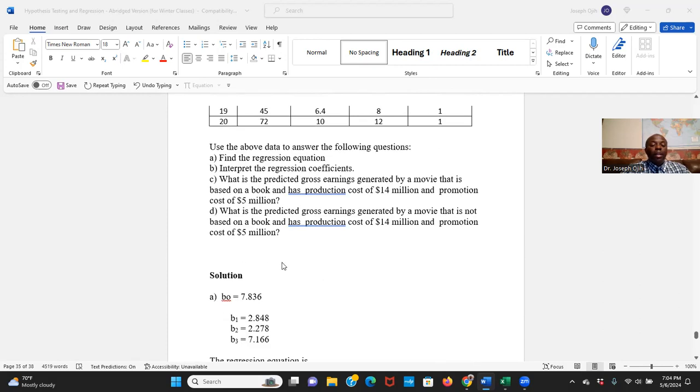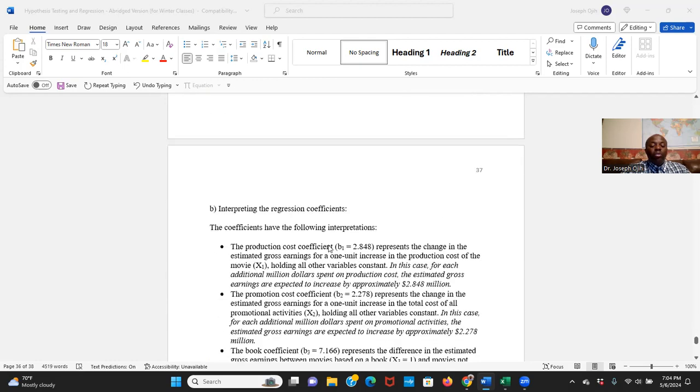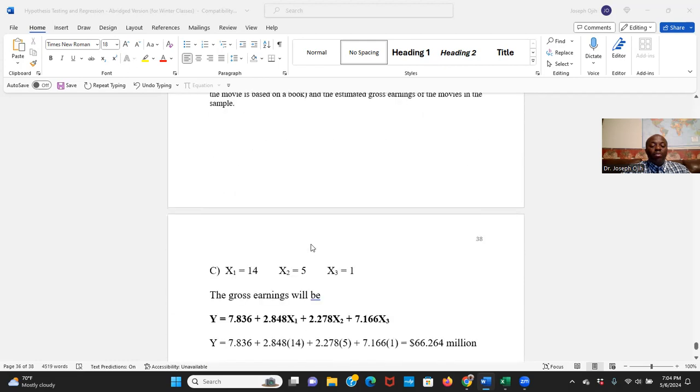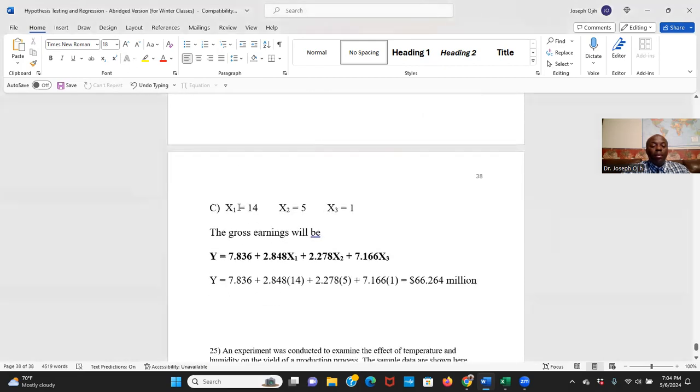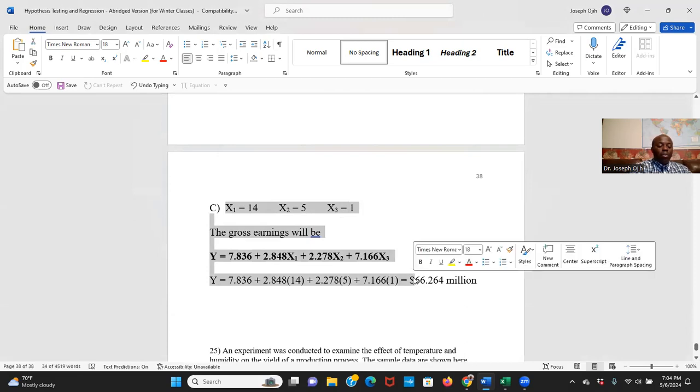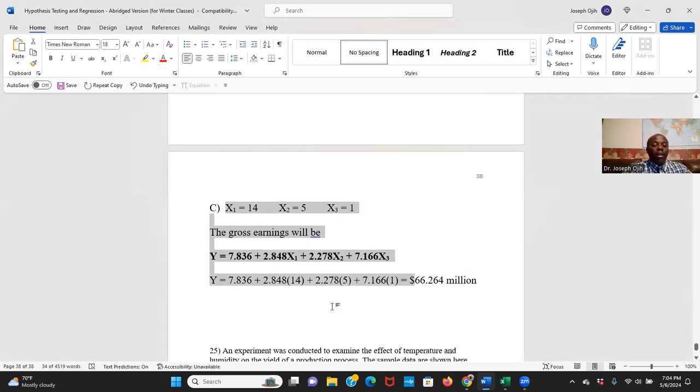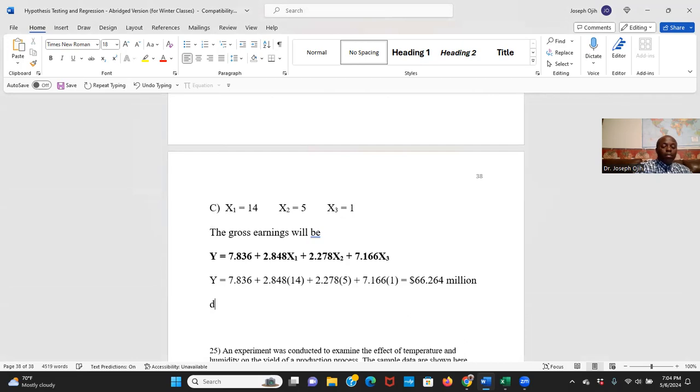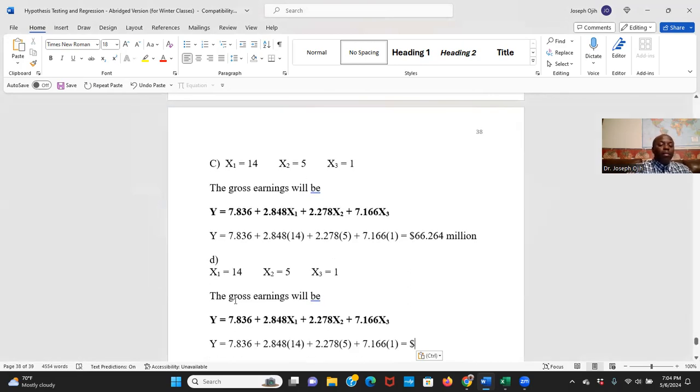So it's the same question, but this time the movie is not based on a book. All we need to do now is make X3 0. So you can just copy this from here, make X3 0, and then plug them into this formula to get our right answer. So let me just copy this to simplify our answer. Part D, I'm going to paste it here. Okay.